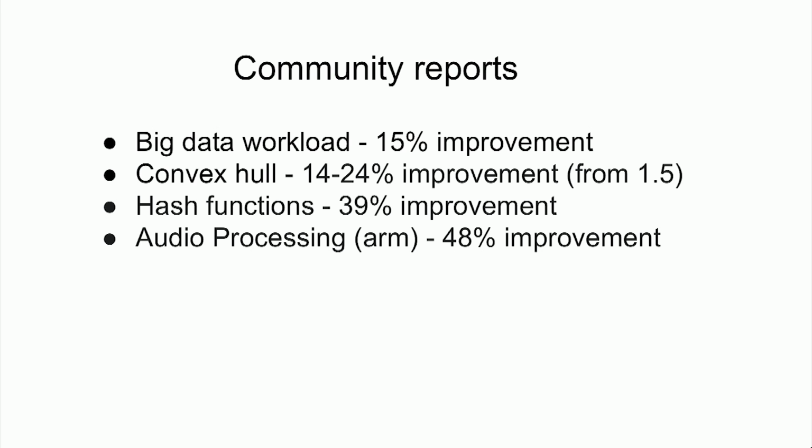There was someone with a hash function library, which got almost 40% improvement in their runtime. And there was an audio processing application that on ARM got almost a factor of 2 improvement in runtime. So we see not only that we have better performance on our synthetic Go 1 benchmarks, but on real-world applications, we also see similar improvements. So that's always nice to see.